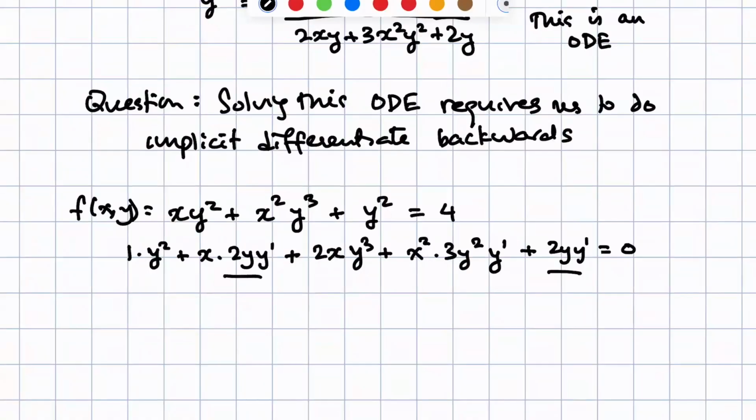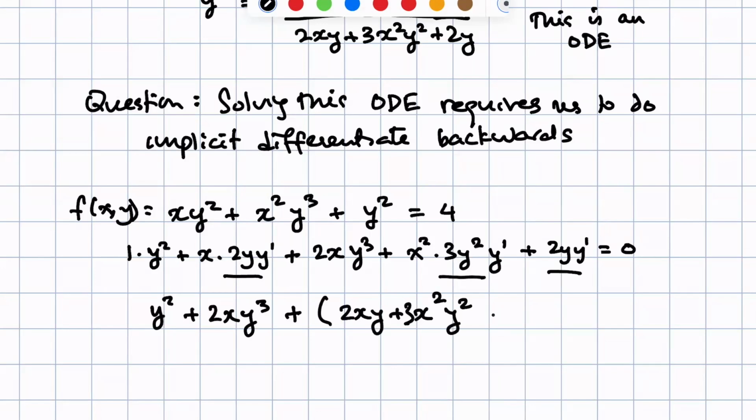And let's group, again, all these guys over to one side, but let's not move the other pieces to the other side. So I have y squared plus 2xy cubed plus, and then this term 2xy plus 3x squared y squared plus 2y, y prime is equal to 0.